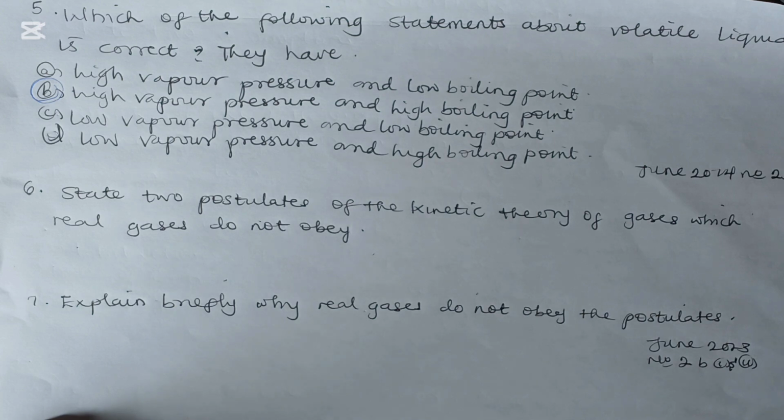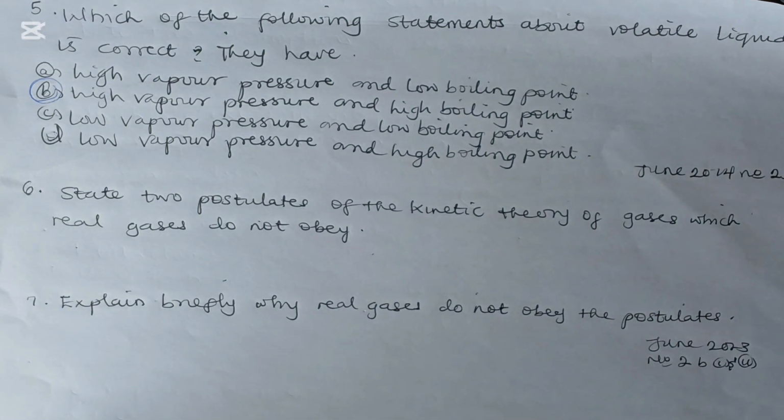The real gases have volume, they occupy space, and their collisions are not perfectly elastic. Though they collide with themselves, they do not fit into the picture of the perfect or ideal gas. They are real gases, and that is why they do not obey the postulates of the kinetic theory of gases.